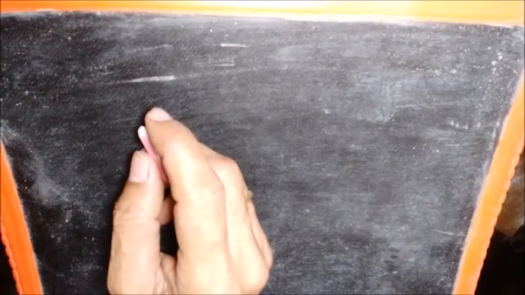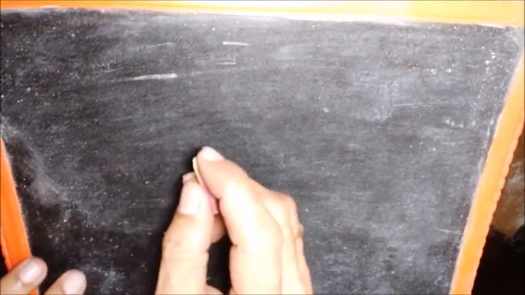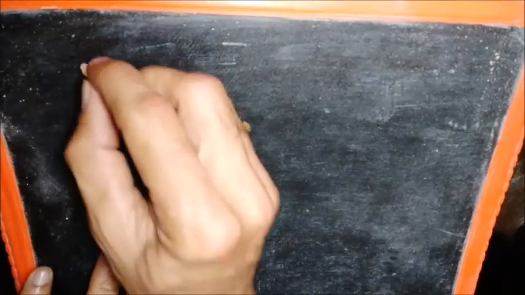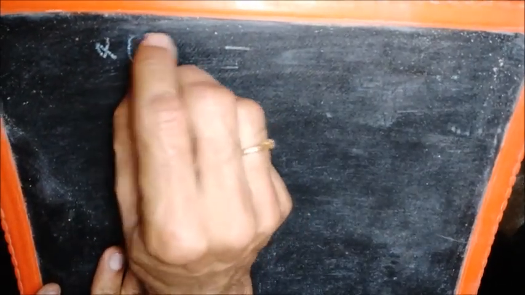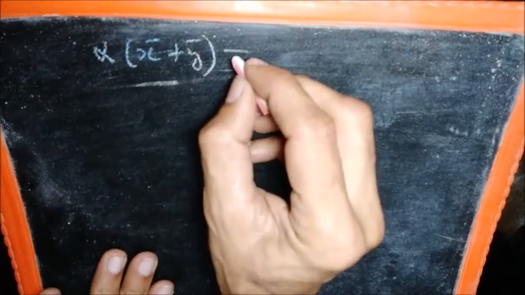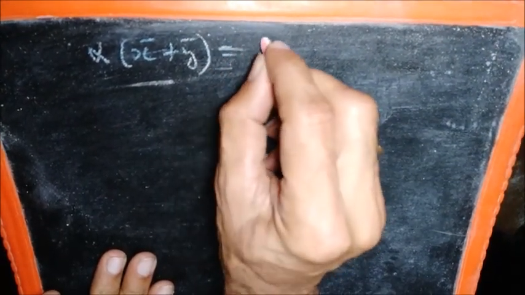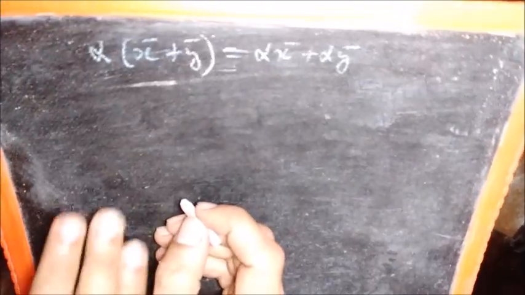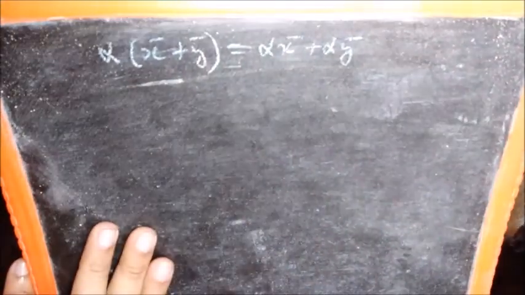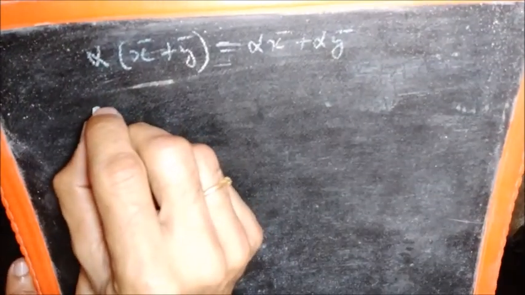Now the next property is alpha into x plus y is equal to alpha x plus alpha y. Now let's concentrate on the left hand side first.